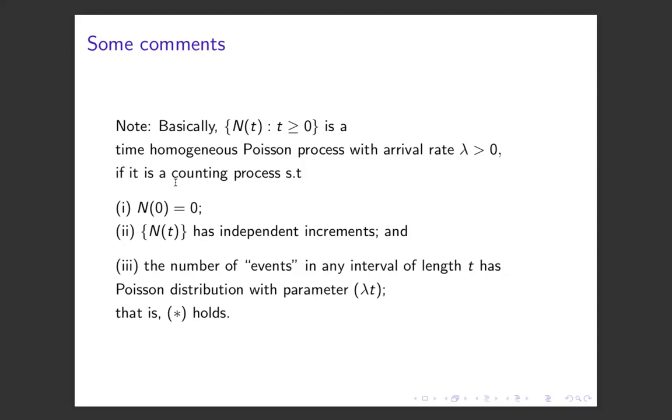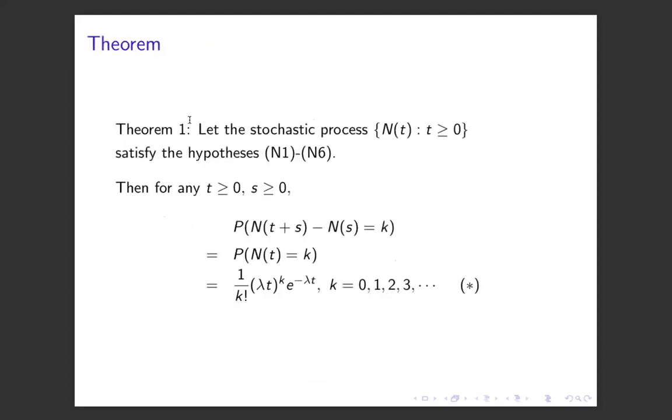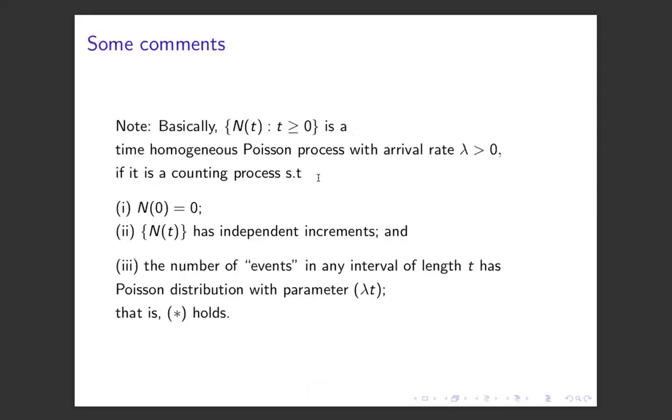In other words, if you assume that you have a counting process Nt which has this property, then it will satisfy all the hypotheses N1 to N6.